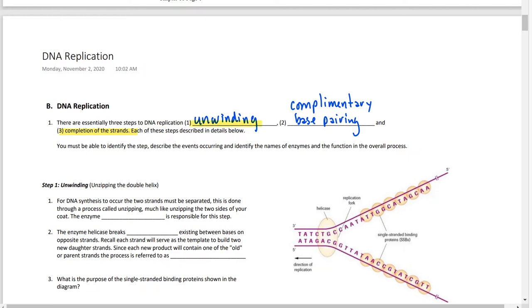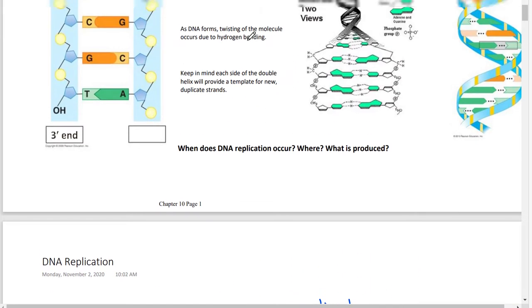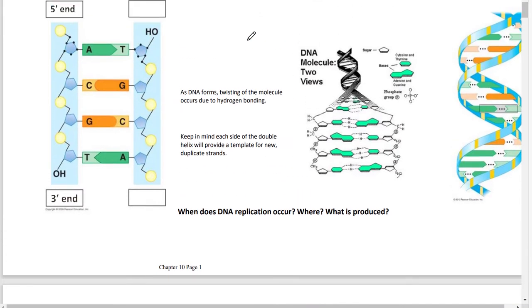And if we recall our structure conversation yesterday about DNA, remember that DNA is this double helix, right? And consists of these two strands that are intertwined in this helical shape. And those two strands are held together by hydrogen bonds.